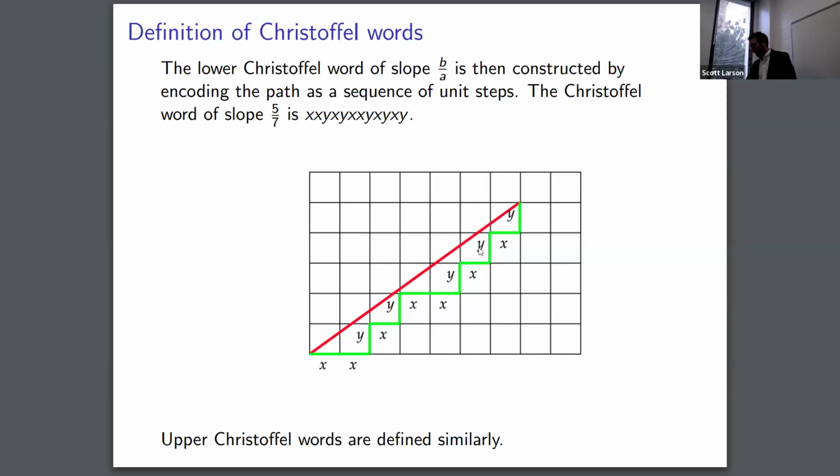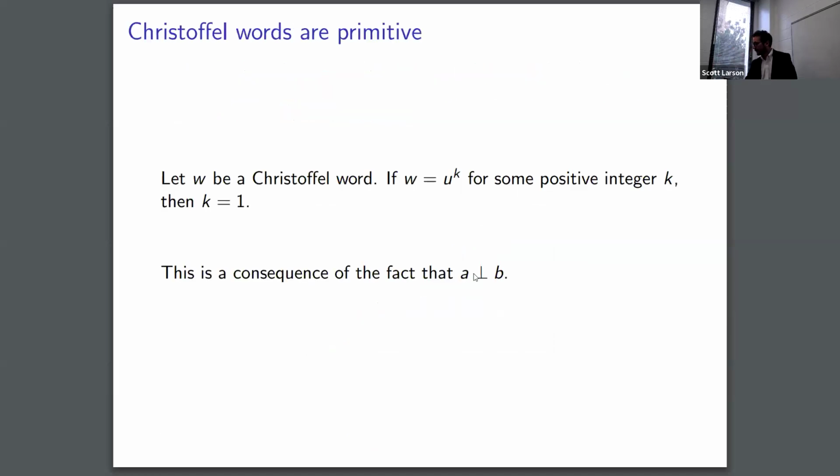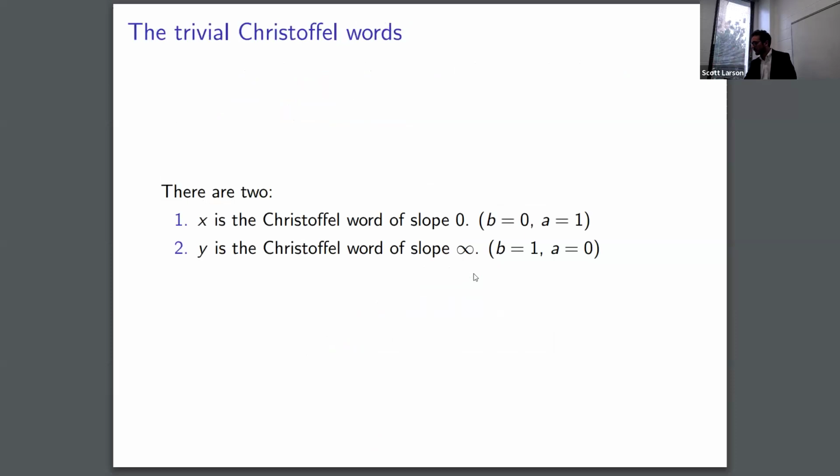So that would mean that that Christoffel word would be X, X, Y, X, Y squared, which can't happen because A and B are relatively prime. We have two trivial Christoffel words. We're going to call X the Christoffel word of slope 0, so that's when B equals 0 and A equals 1. And Y will be the Christoffel word of slope infinity by convention. That's when B equals 1 and A equals 0.